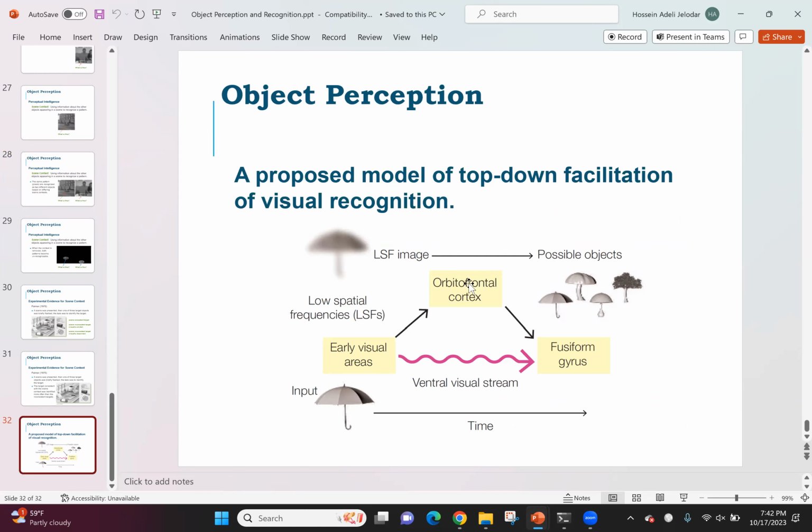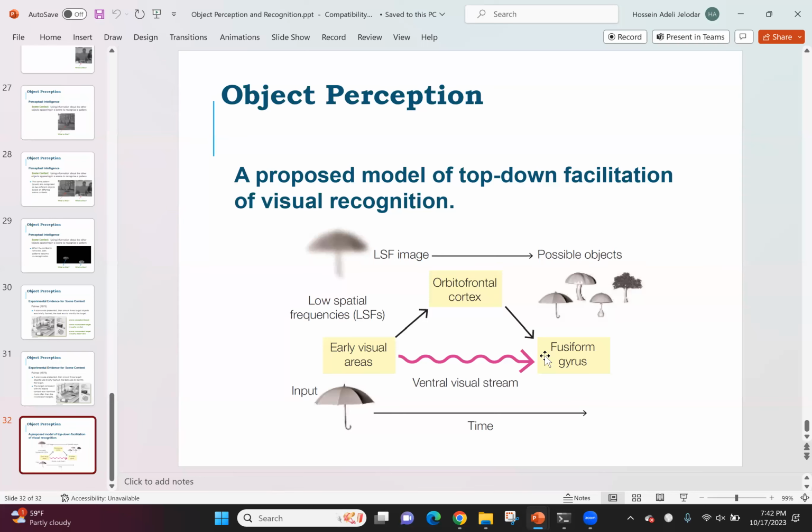And that understanding of the scene, even if low resolution, can come down and change your perception of the object. Now, if the object is not ambiguous, this will be a negligible effect.